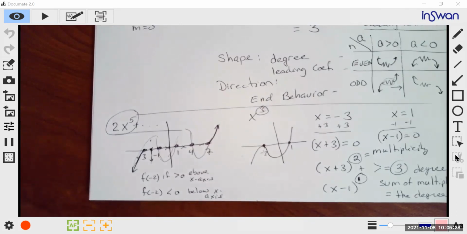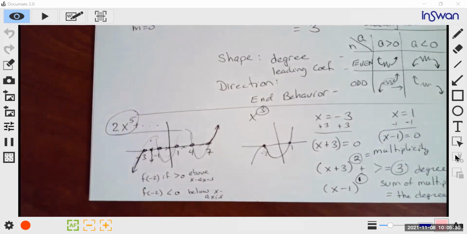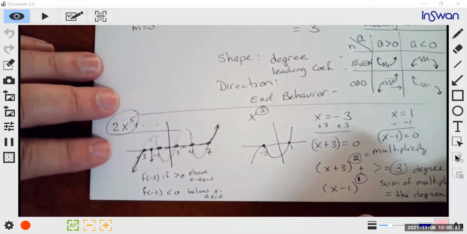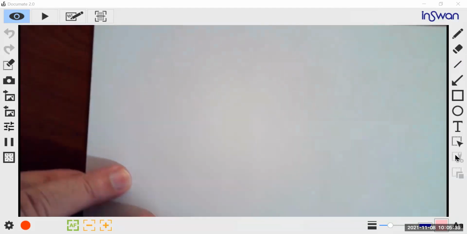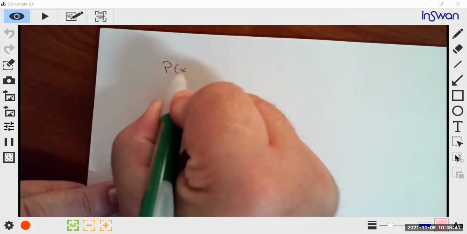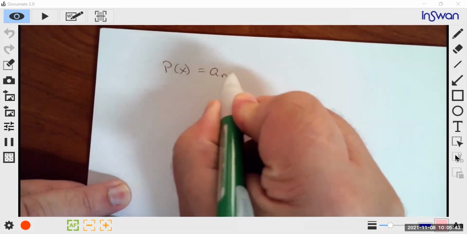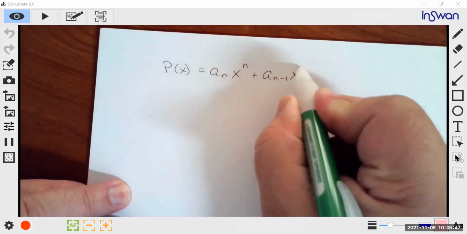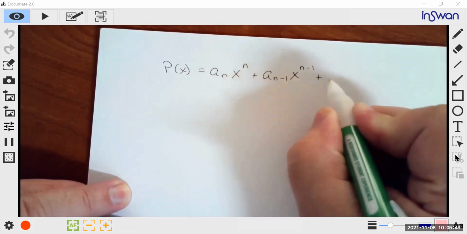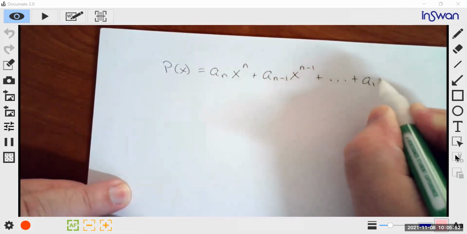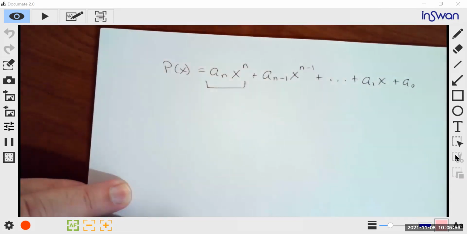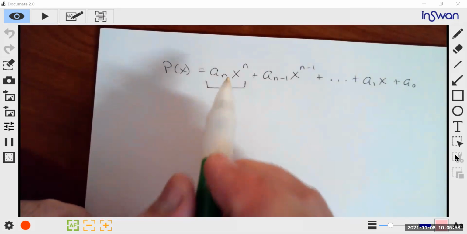Again, all of this that we're talking about now happens from one term of that equation. So this is what our polynomial looks like. Everything that we just discussed happens here.